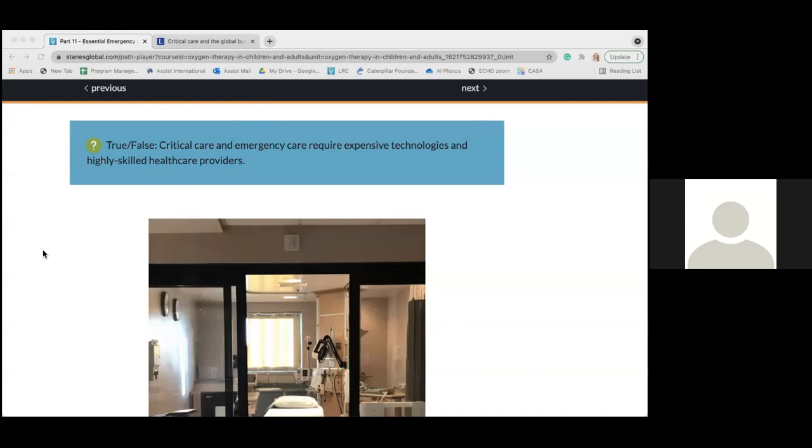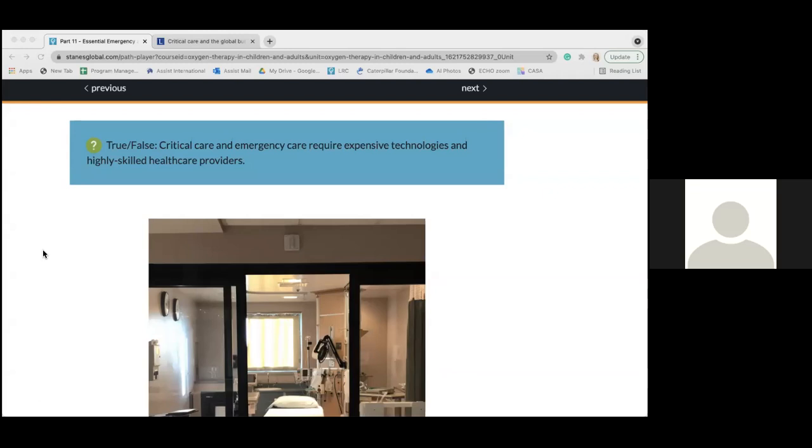We have basically trained critical care nurses and other human resources that are able to provide basic critical care and basic emergency service. I think that's what is crucial, as opposed to high technology and highly skilled human resource.